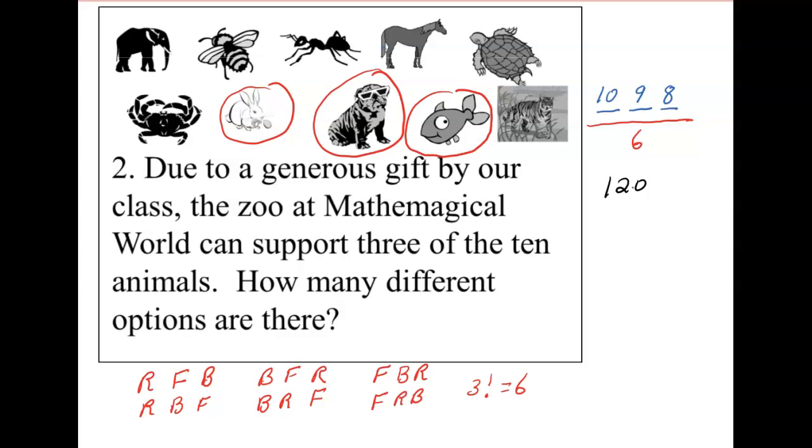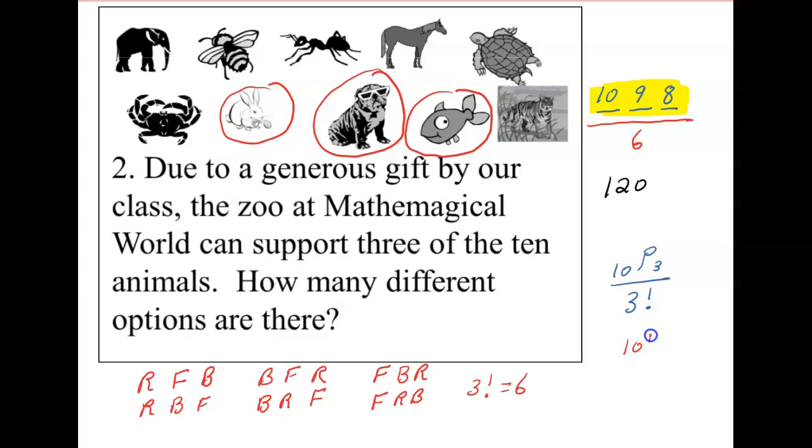At this point, maybe you're realizing the numerator here is a permutation. That numerator that I just highlighted is 10 permute 3, and the denominator is 3 factorial. Now, what's the mathematical definition of 10 permute 3?